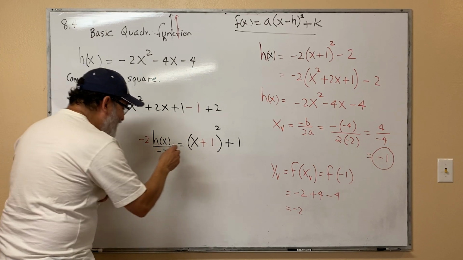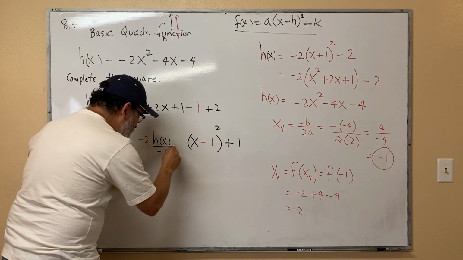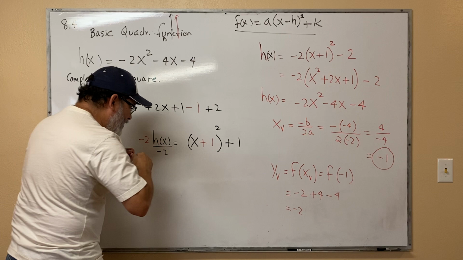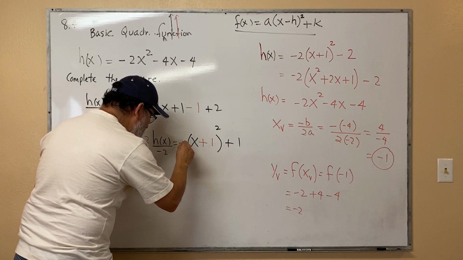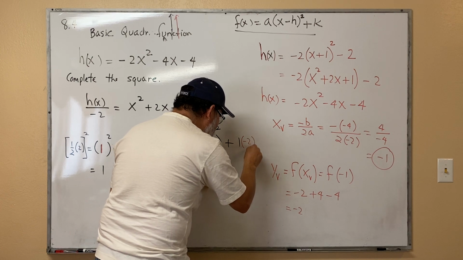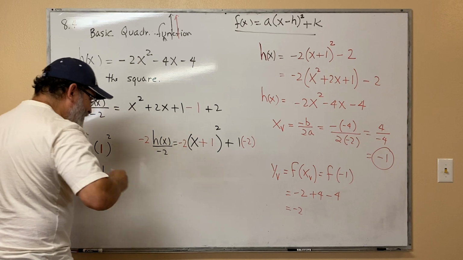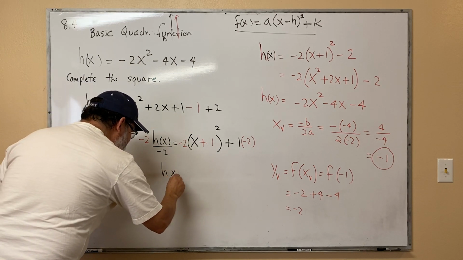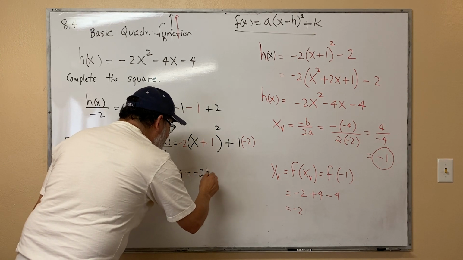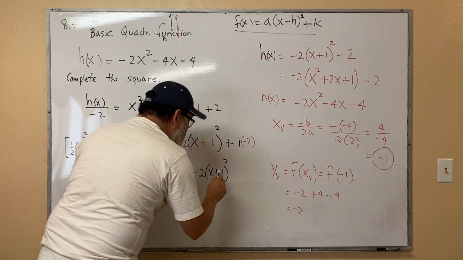Multiply this by -2. And multiply this by -2. The negatives cancel. h of x equals -2 times x plus 1 quantity squared.